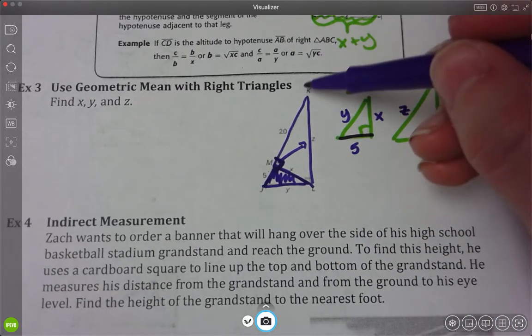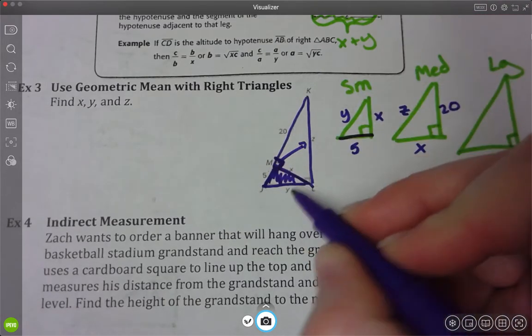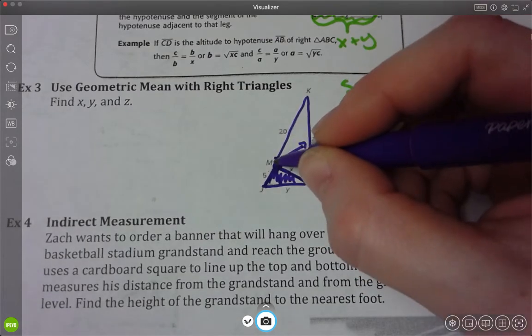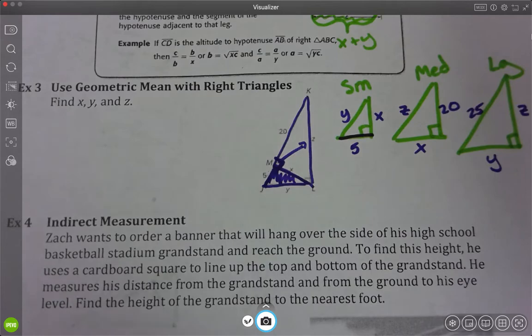And then the overall large triangle is the one that we actually have in the correct order here, okay? The bottom side is Y, the right side is Z, and then we have to label this third side, okay? The third side is going to be labeled as not just 20 and not 5, but we have to add them together and make 25, okay? All right, so then we have to set up some proportions here, okay?